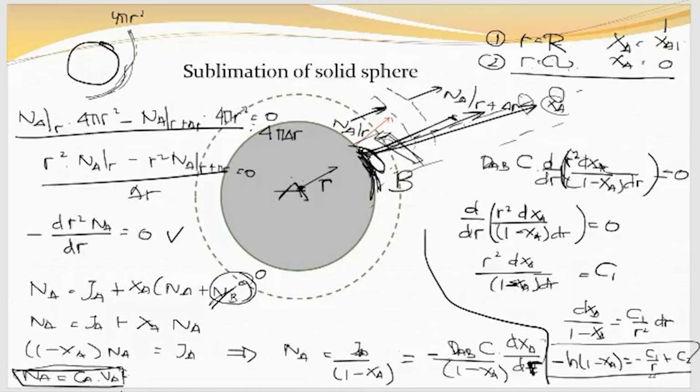And then in our control volume, we have another line like this, and the thickness is delta r. So actually, the area at the out position is 4π(r plus delta r)². Even though delta r is very, very small, still the area is a bit different.